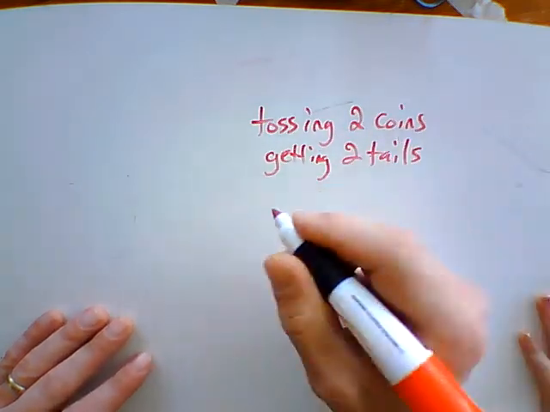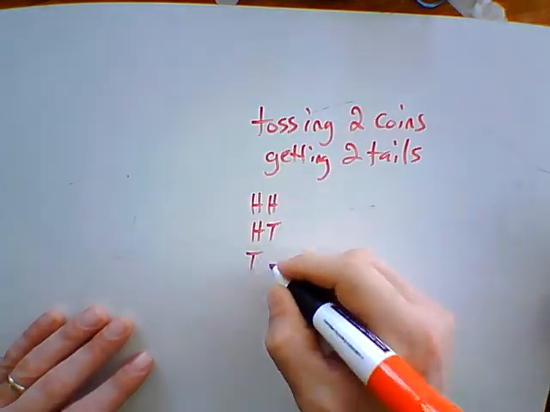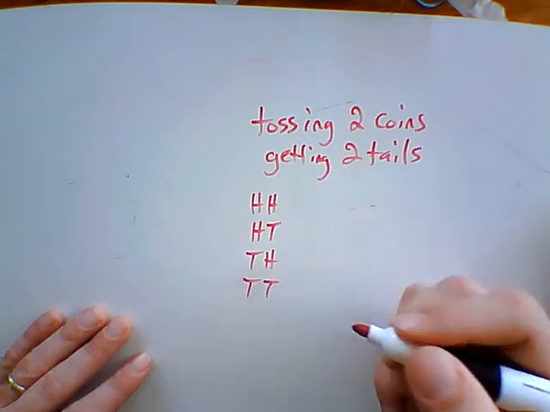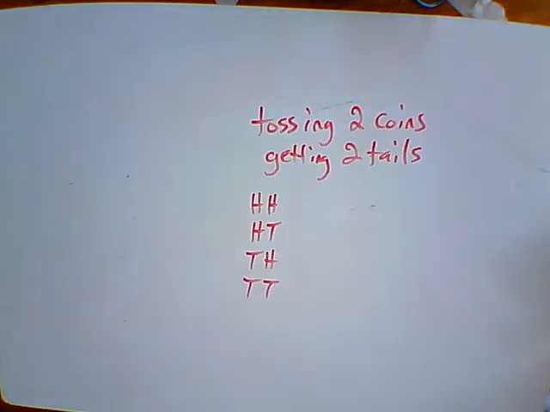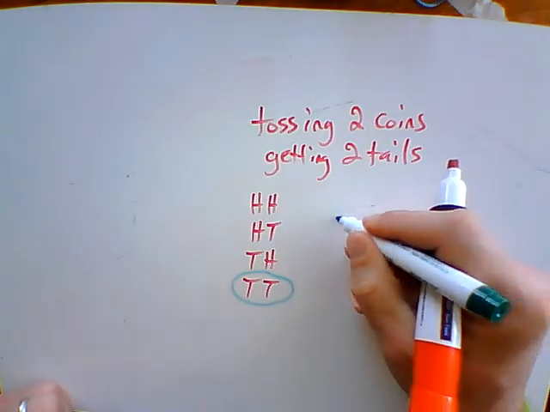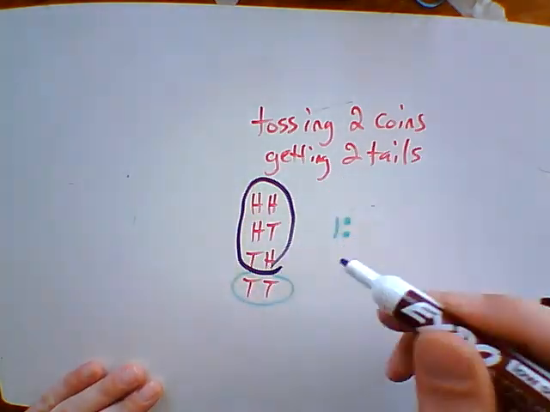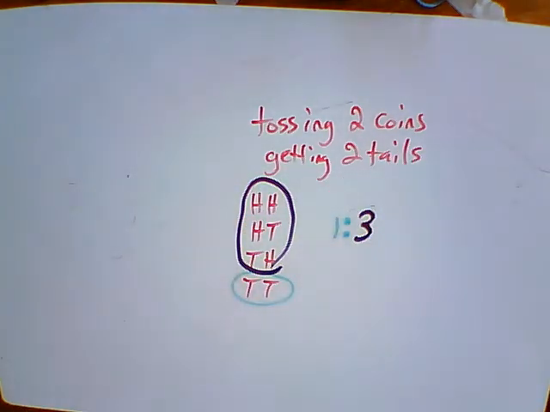Well, real quick, if I toss 2 coins, I can get heads heads, heads tails, tails heads, tails tails. This is the only way to get 2 tails. These other 3 ways are a loss. So the odds are 1 to 3.